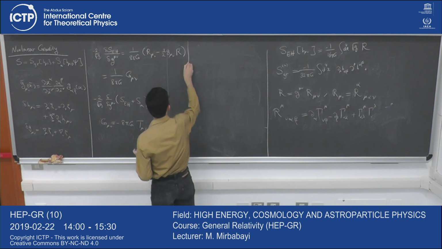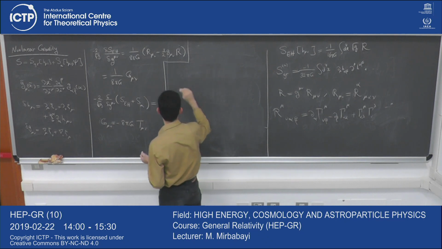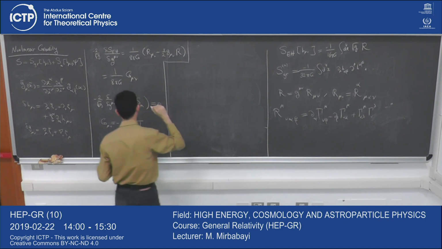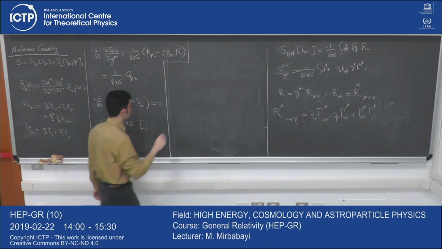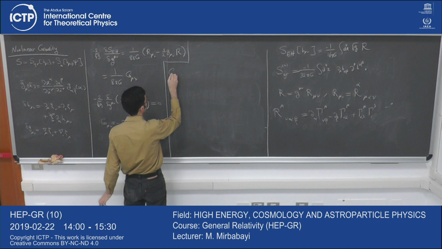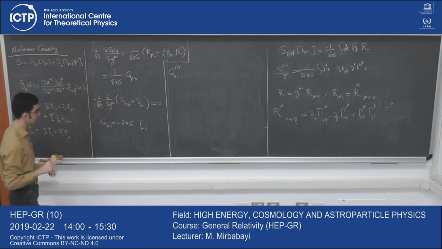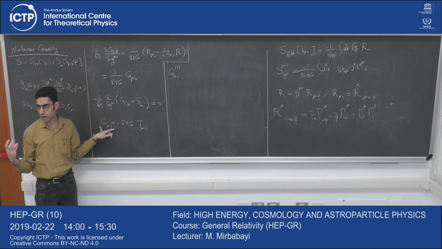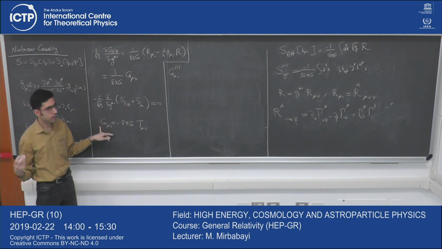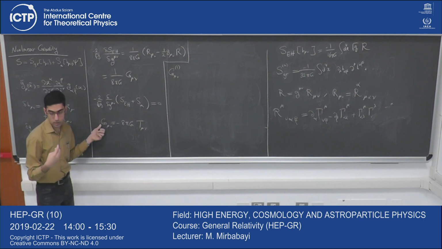So if I linearize this G mu nu, so this G mu nu is a two-derivative object that depends on the metric. Only depends on the metric.